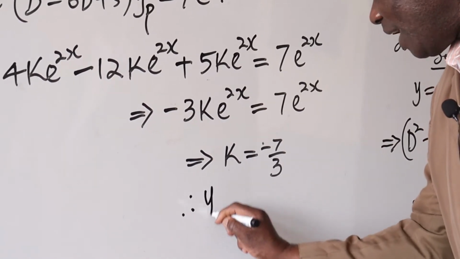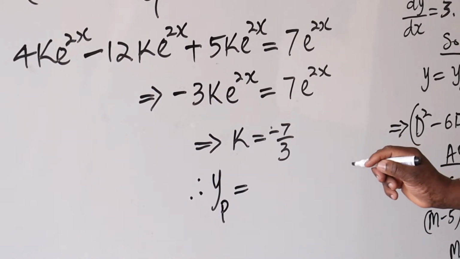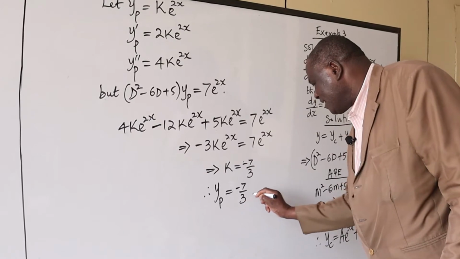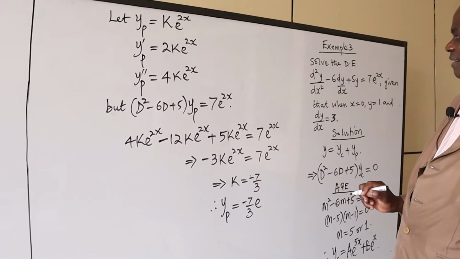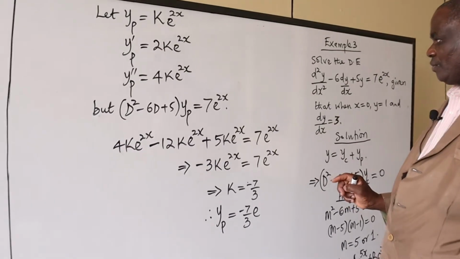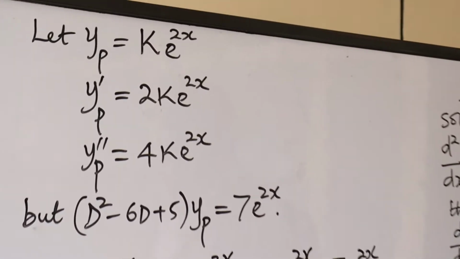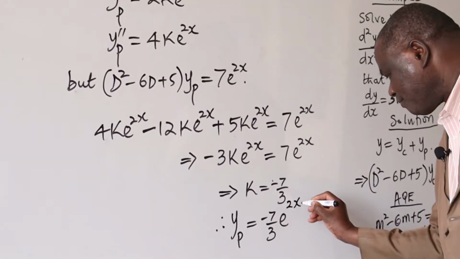Therefore, our yp will be equal to minus 7 all over 3 exponential 2x.